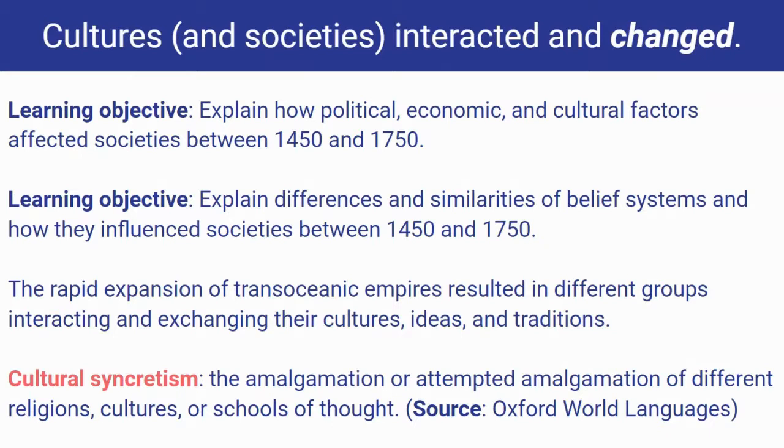And when I say groups, I mean very different groups. I don't mean the Spanish and the French, who were different, but let's face it, had some similarities. I'm talking about indigenous peoples in the Americas, Africans who were moved against their will, enslaved Africans, and Europeans, and this is happening in the Americas.